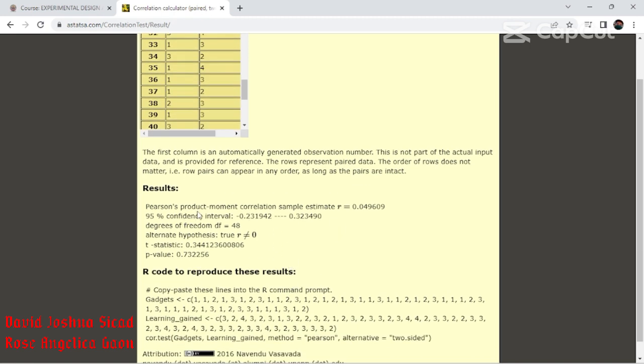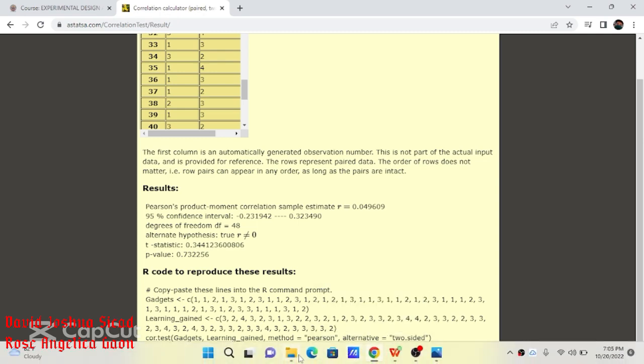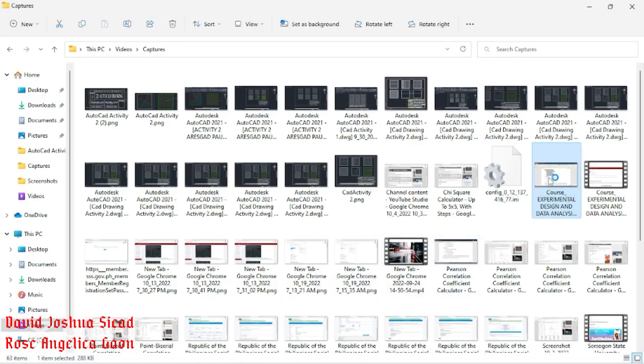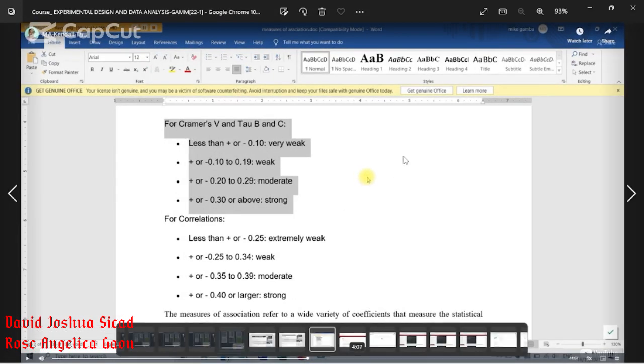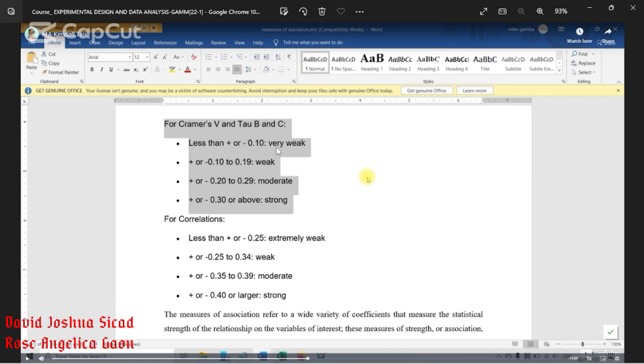So Pearson's product moment correlation sample estimate R is equal to 0.049609. So based on the result of the R, if we can see for Cramer's V and Tau B and C, 0.04 is less than 0.10.